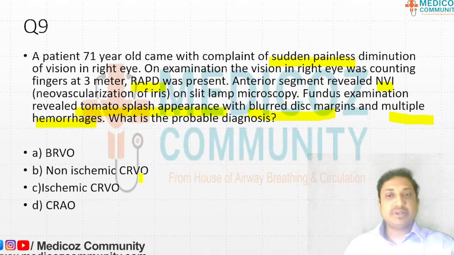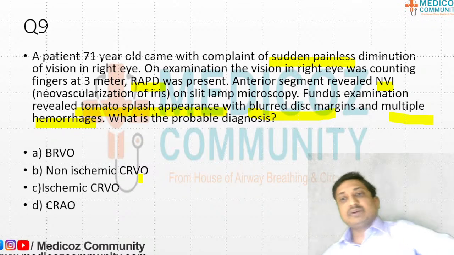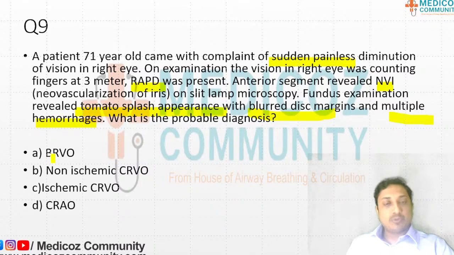It is very important to remember that when we see the options, a lot of things get cleared. Now we know that in the options, all the things are given about vein occlusion. So we are dealing with vein occlusion or vascular occlusion. This cannot be BRVO because it is branch retinal vein occlusion.